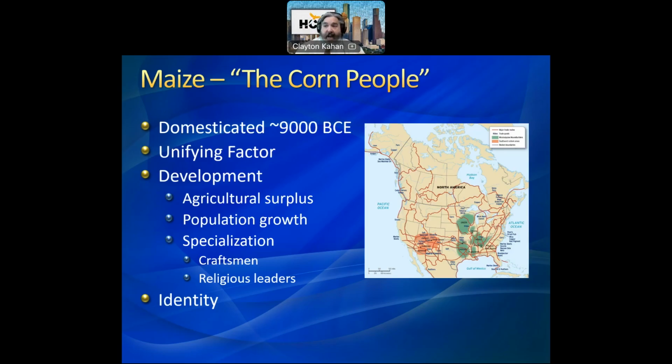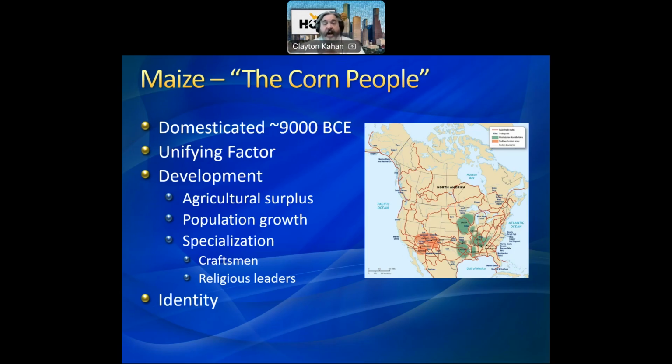Around 3000 before Common Era, Mesoamerican peoples were growing so much corn that they had large agricultural surpluses. Now, because they've got these agricultural surpluses, with a steady food supply, they start seeing population growth as a consequence of it. So surplus food equals population growth.